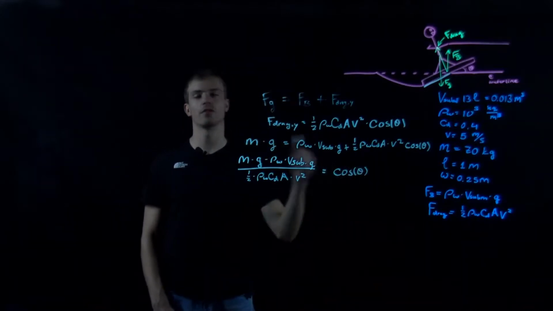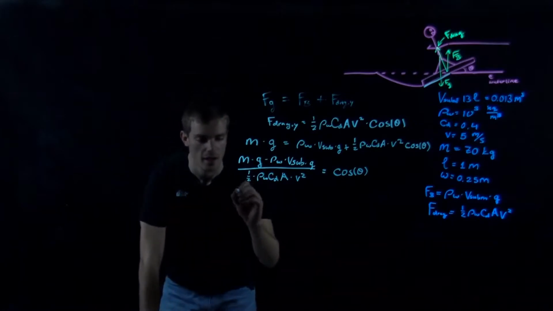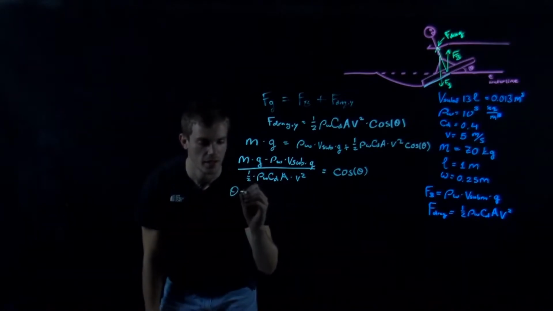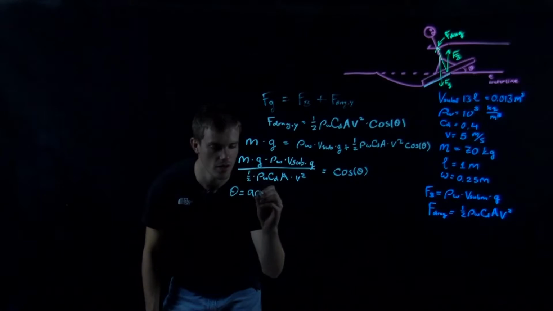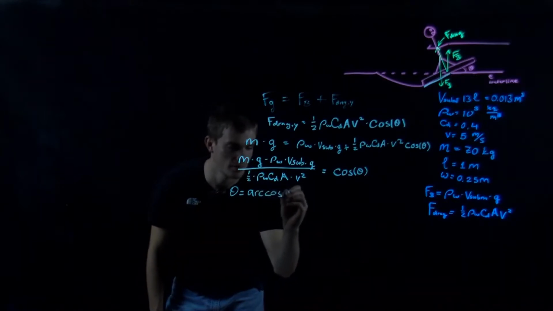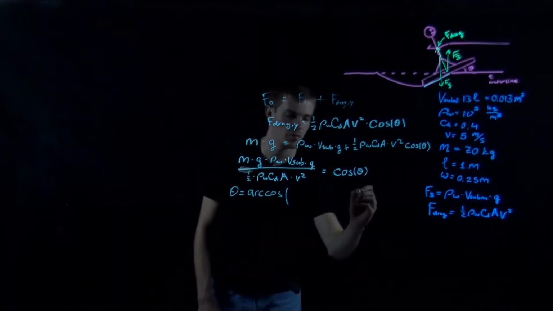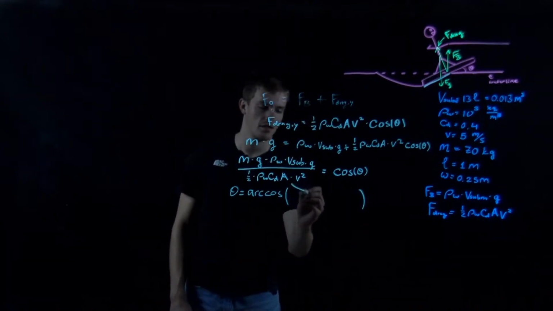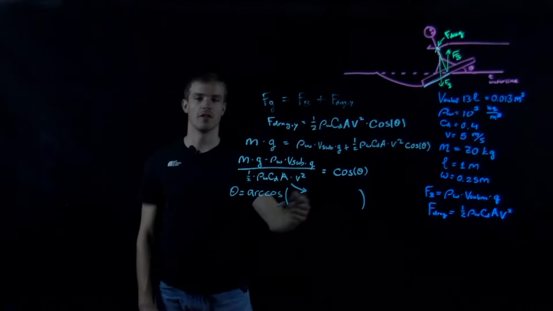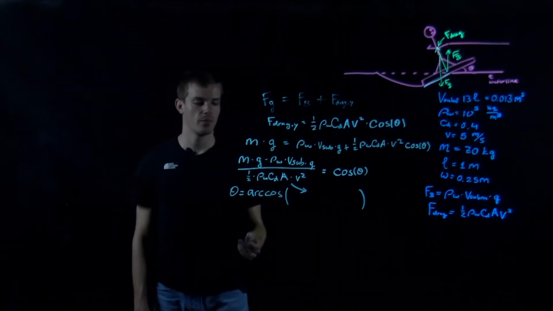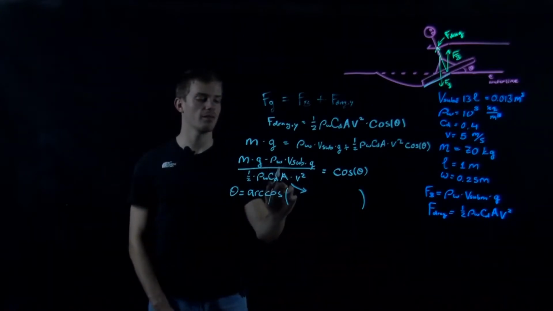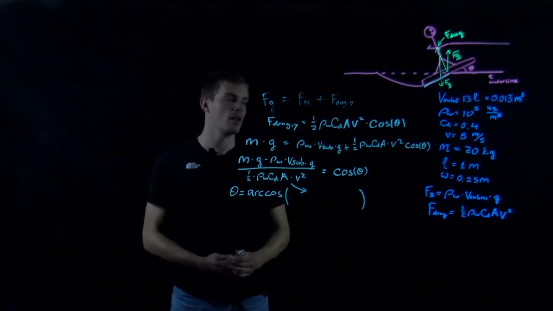If we want to solve for theta, then theta equals the arc cosine of this, which can be filled in there. Another thing is that we haven't calculated the area yet.